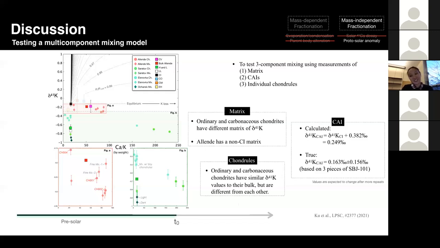I think that's very cool, and definitely more work is needed to confirm this. So we will keep everybody posted. For more information about this data, you can find our abstract number 2377 at this year's LPSC.